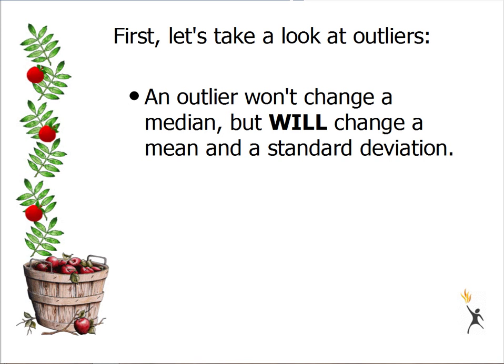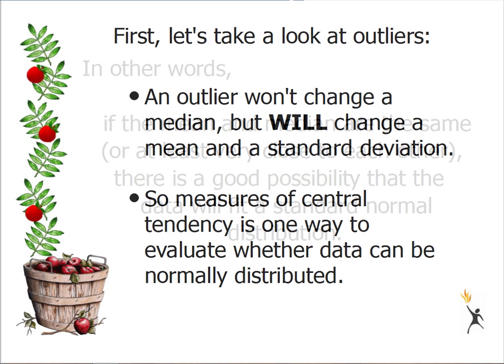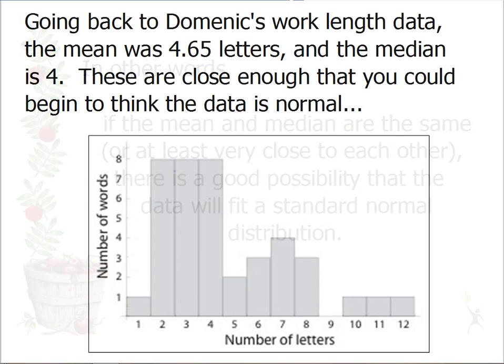So an outlier is going to affect our normality. So if the mean and median are the same, or like I said, very, very close to each other, there's a good possibility that the data is going to fit in a normal distribution.